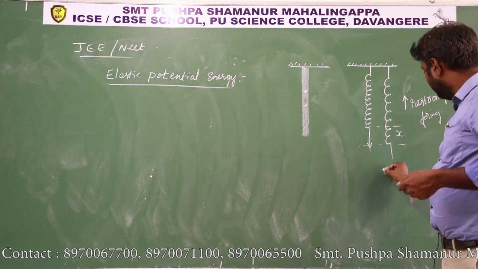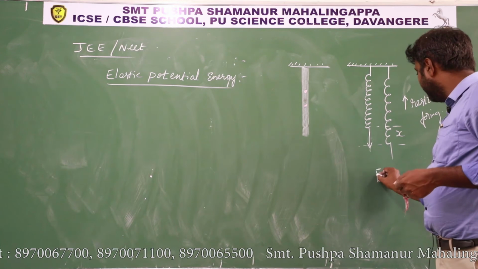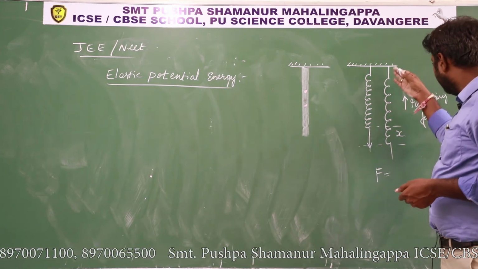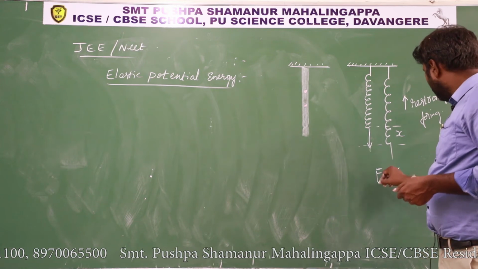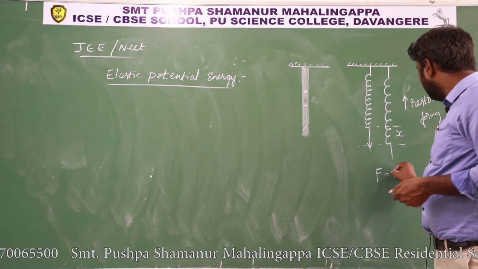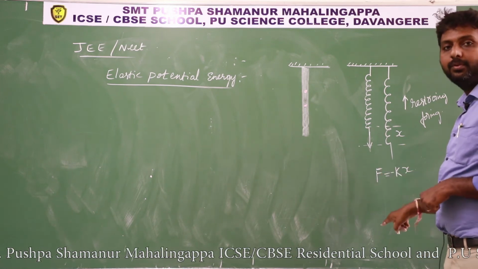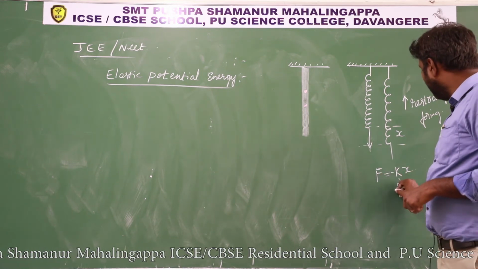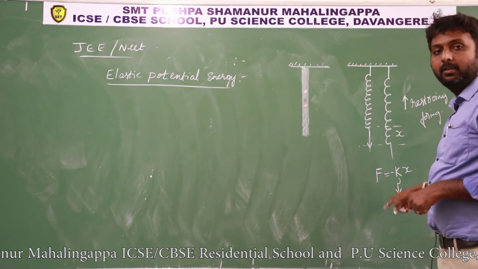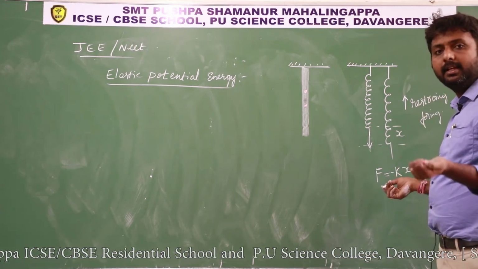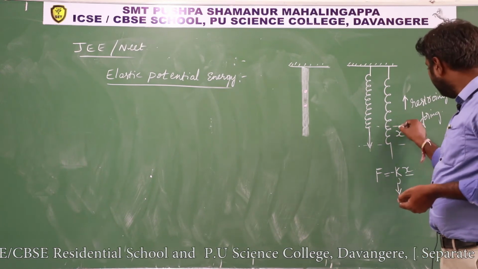For that the formula is given. Actually you will study it in the work, energy, power chapter. For a spring, the restoring force is given as F equals minus kx, where F is called restoring force and K is called spring constant. It defines the stiffness of the spring, and x is called distance.